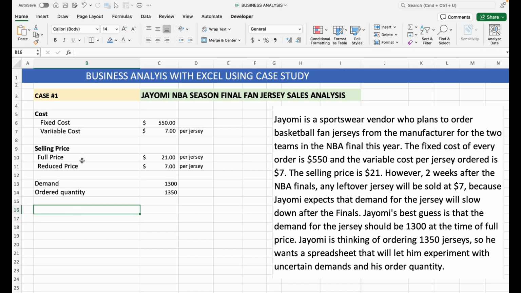Before we will be able to know the total quantity sold, we need to know the total number sold, total sold at full price. So let me take that up. Then total sold at reduced price.